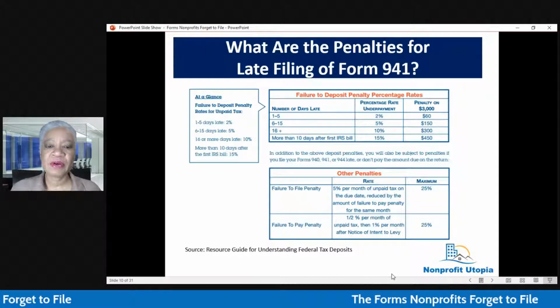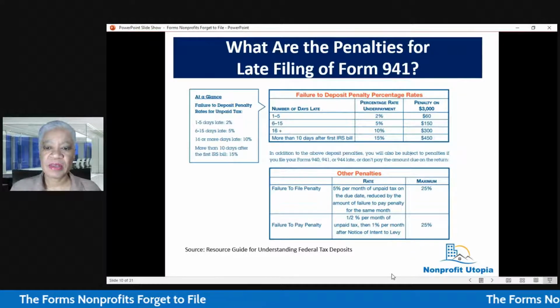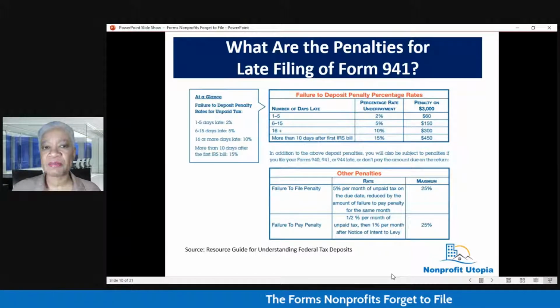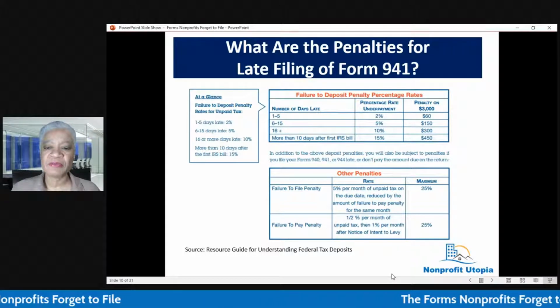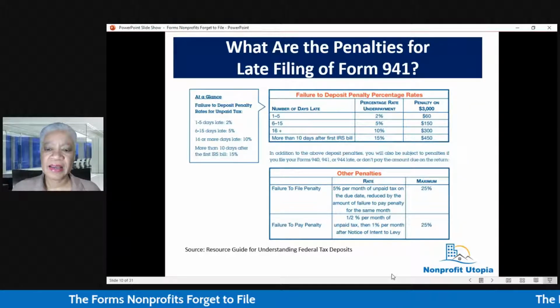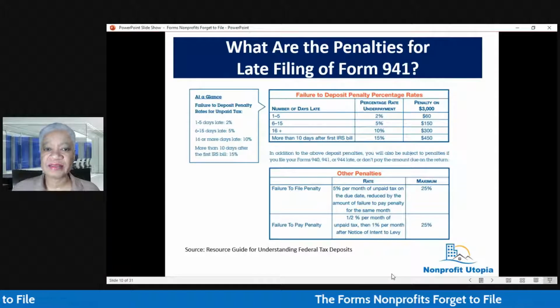If you're anywhere from 1 to 5 days late, the percentage of penalty is 2%, assuming $3,000, and you would have to pay $60. Anywhere from 6 to 15 days late, the penalty for underpayment goes up to 5%. This is based on your balance, and that translates into $150 if the balance is, for example, $3,000.